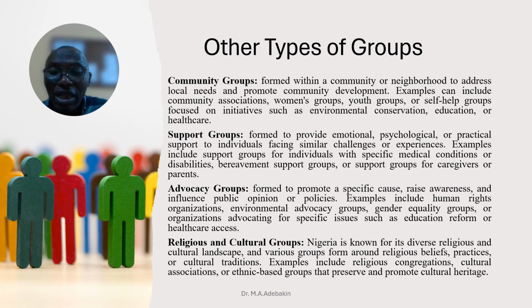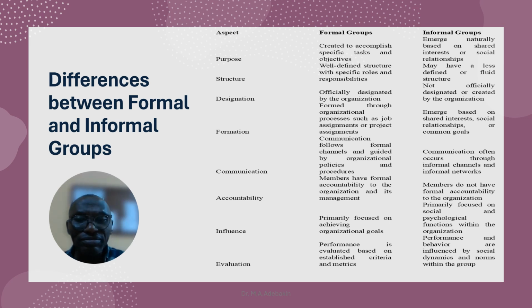Support groups can be formed to provide some emotional or psychological support to individuals facing similar challenges or experiences. You can also have advocacy group, usually formed to promote a specific cause, raise awareness, and influence public opinion or policies. Then, of course, you have religious groups and you have cultural groups. These are different types of groups apart from the general classification that I have given earlier on.